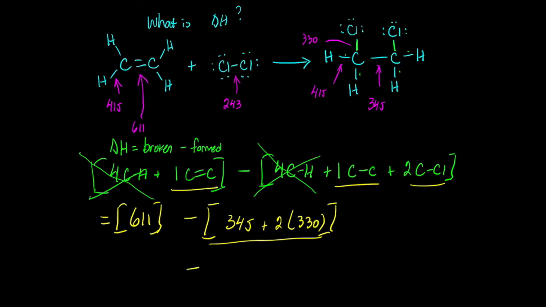So that's 1005, and that's 611. Now we subtract these two. We get a number. And so this is negative 394. So this is another exothermic reaction.